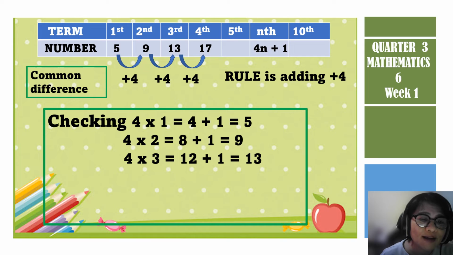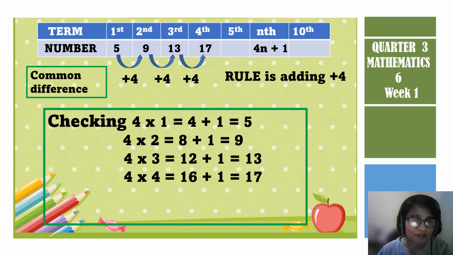Then, next, we have 4 times the third term, which is equal to 12. But we need 13. That's why we add 1 here, para magiging satisfied yung ating rule na 4n plus 1. So, tama na tayo. And on the fourth term, we have 4 times 4 is equal to 16, and plus 1, we have 17.